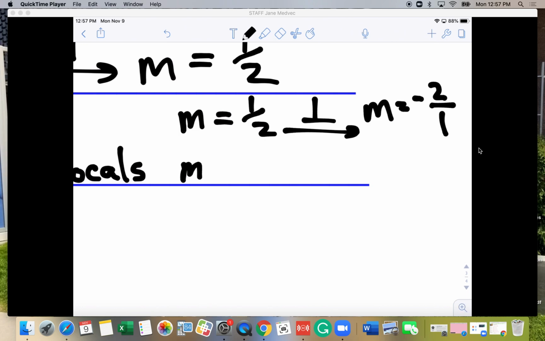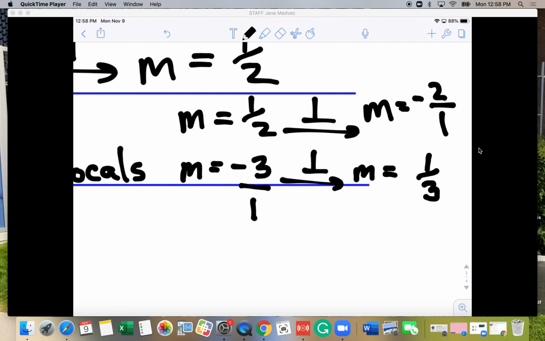Another example, if m is, let's say, negative 3, and I do perpendicular, I'm going to flip it, so it's like negative 3 over 1. I would flip it and make it 1/3, and because it was negative, this is positive.